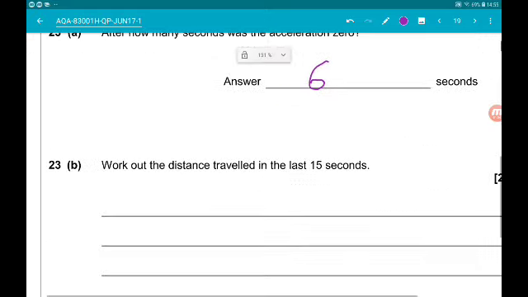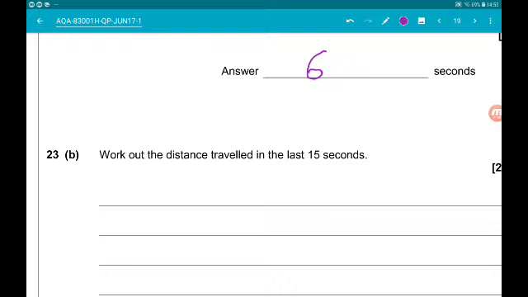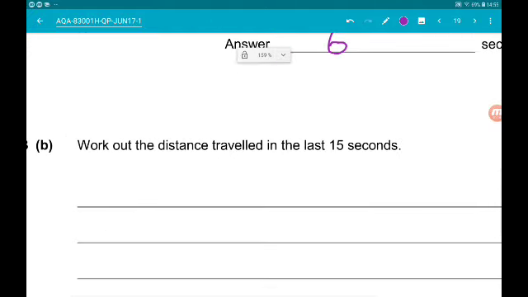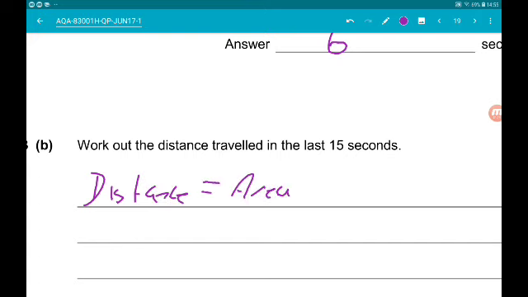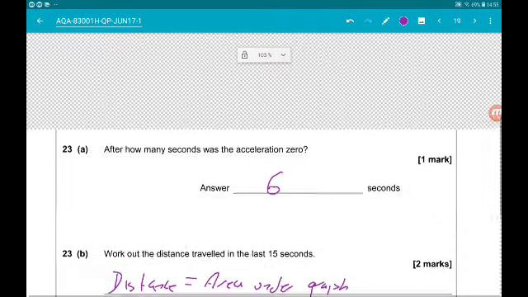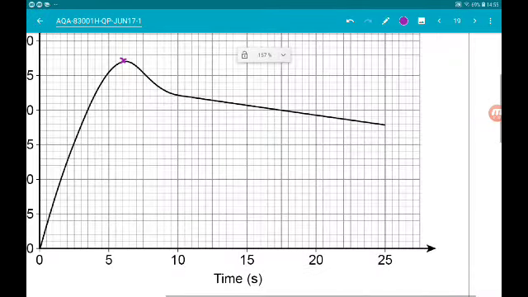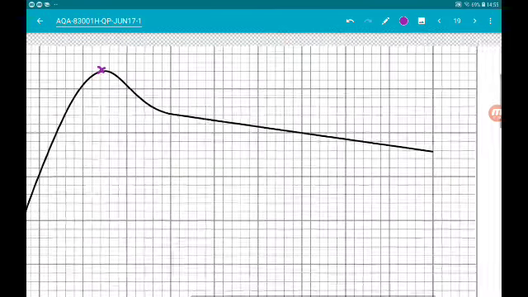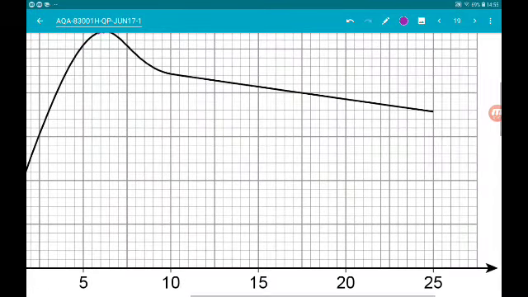Cool. Part B wants us to work out the distance travelled in the last 15 seconds. So distance is area under the graph. So for the last 15 seconds, we end at 25. So that means we're starting at 10.